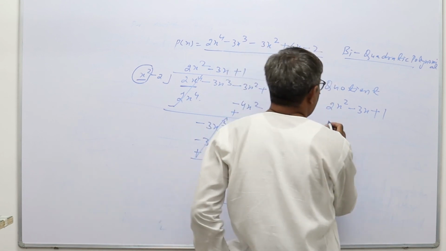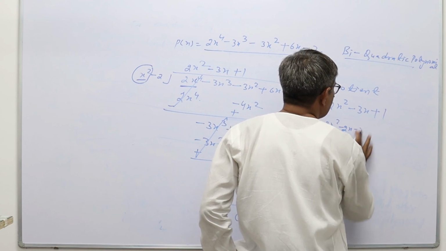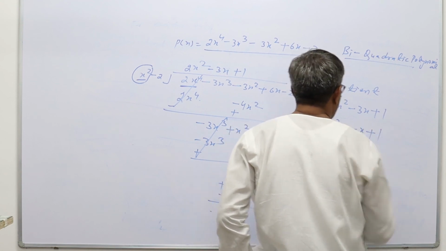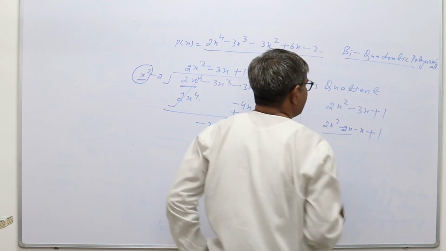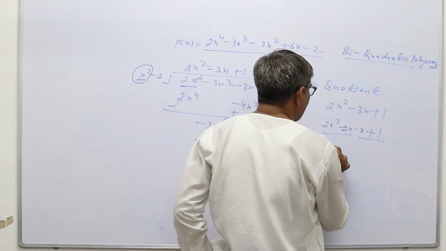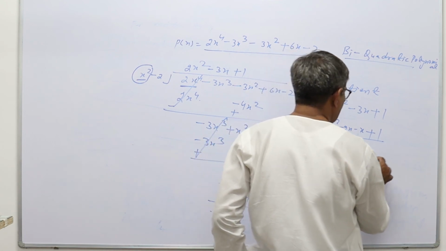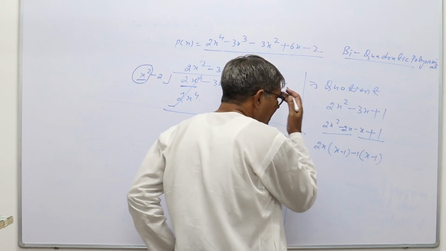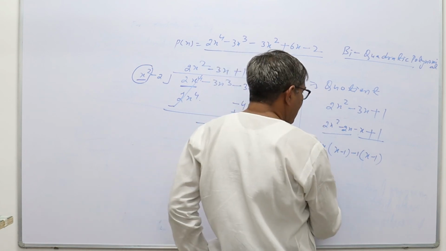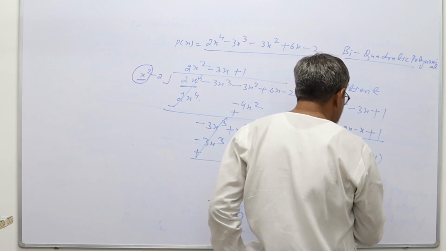So how will we resolve? 2x square minus 2x minus x plus 1. Taking 2x as common from the first two terms, it will be x minus 1. Taking minus 1 as common from the others, so x minus 1. So this will be (2x minus 1) into (x minus 1).